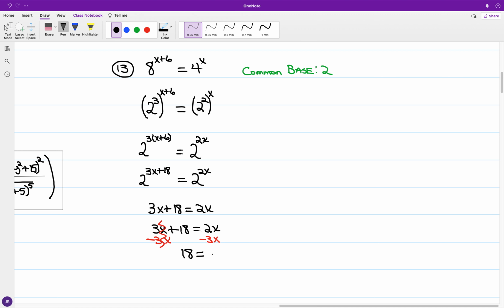And so we have 18 is equal to negative x, just changing the signs. So the missing value of x is going to end up at negative 18.